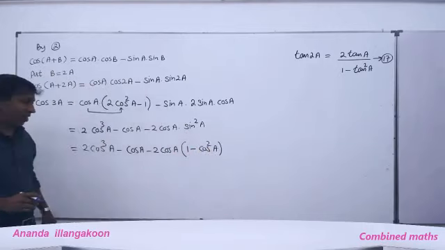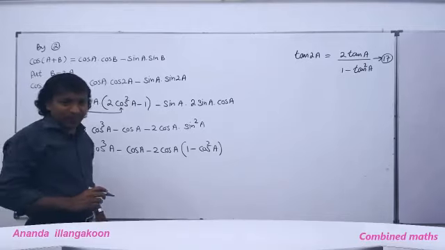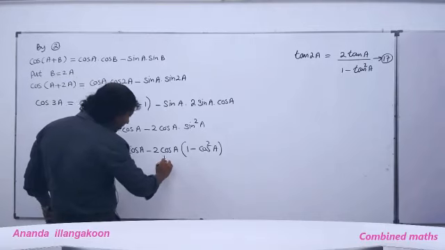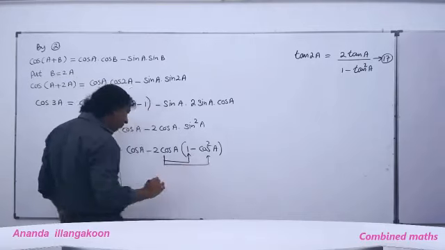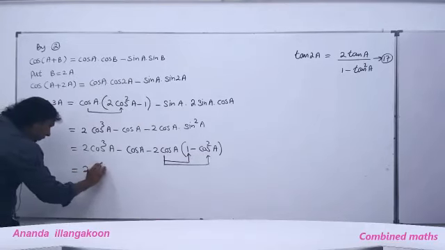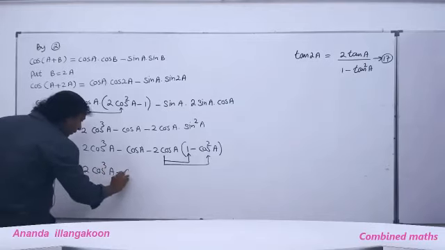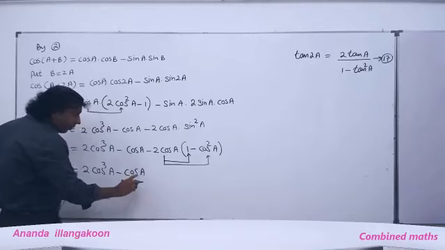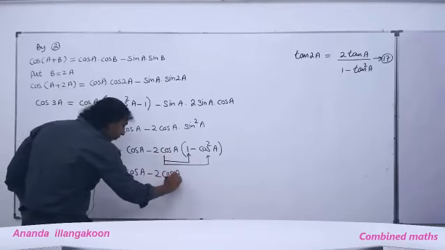Okay. Right. Now we can take this product, this and this and this and this. Now see what happens. This is 2 cos cube A, right? Minus cos A. This multiplied by this is minus 2 cos A, right?